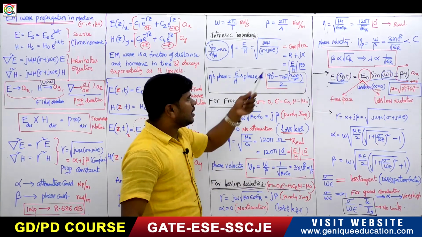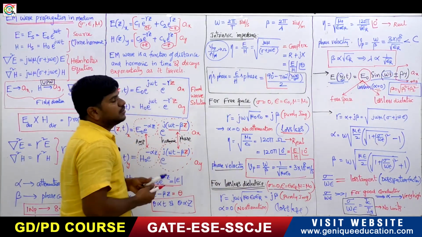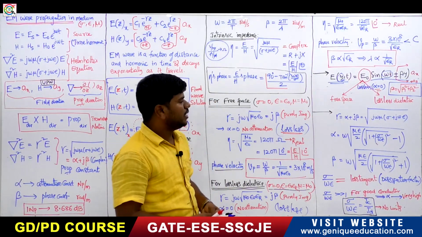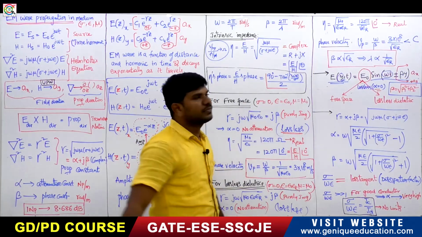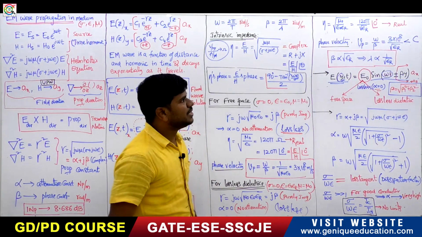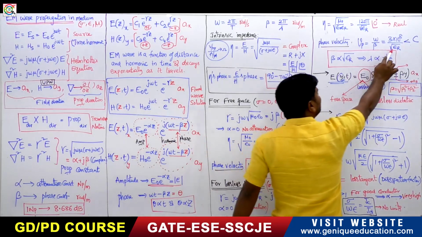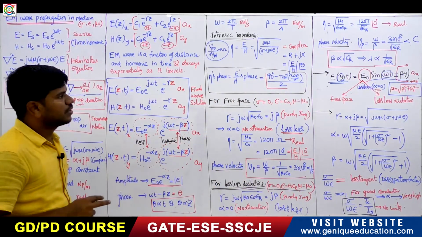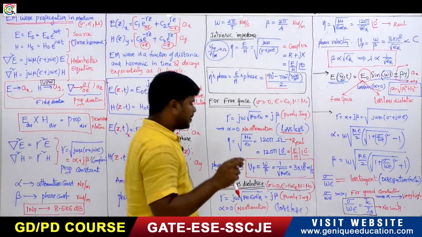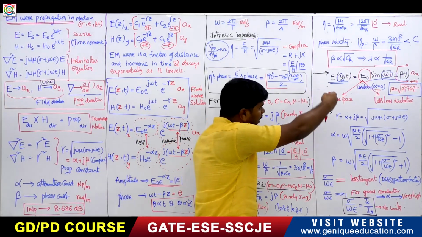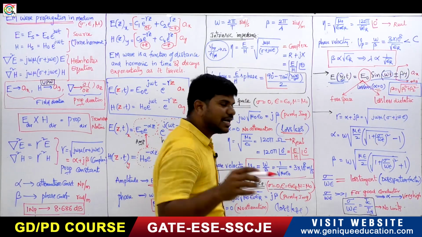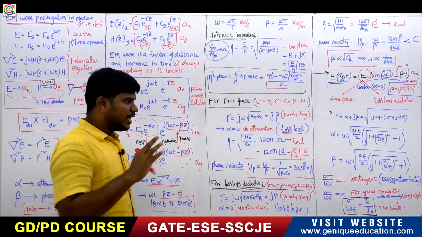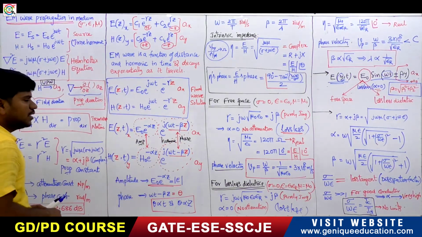In a lossless dielectric, it will be less than c, that means 3 into 10 power 8 divided by root epsilon r. Like this you can distinguish whether it is free space, a lossless dielectric or a conductor. The conductor is not preferable for propagation of an EM wave. So these are very, very important things.